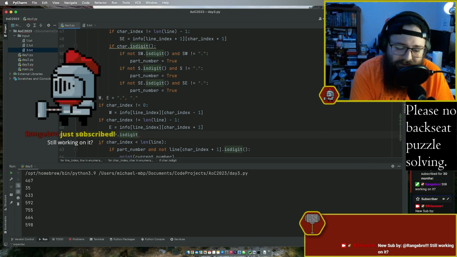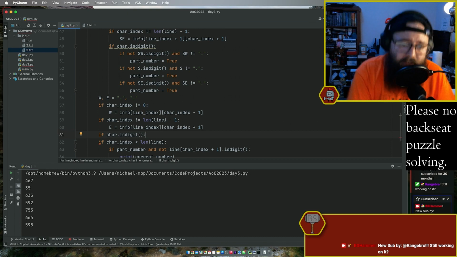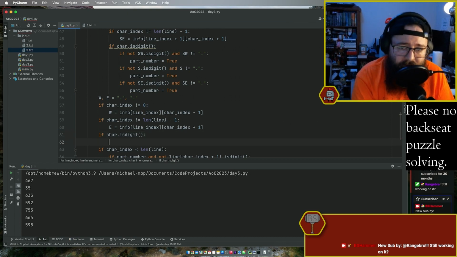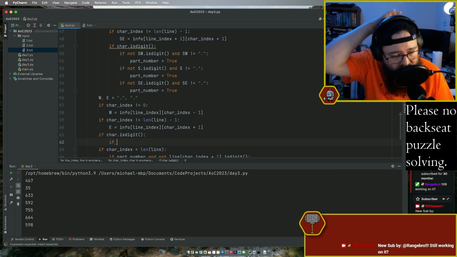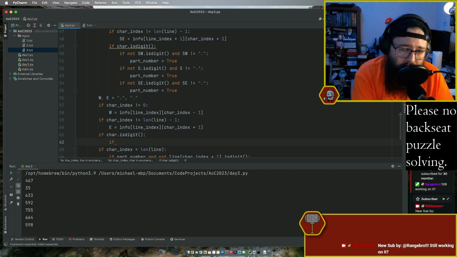Still working on it? Yes, I'm still working. I'm really bad at grid-like problems. I don't know why. I'm really poor at them. I need to come up with a way of understanding how to extract the information that I need without all the stupid loaded if statement stuff.